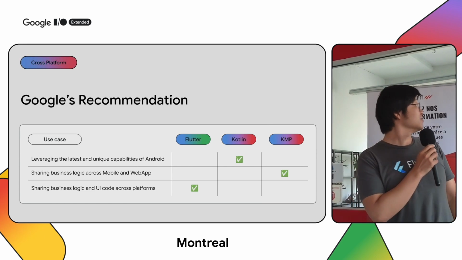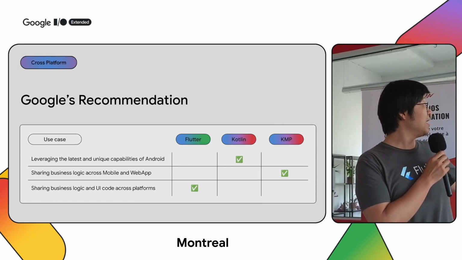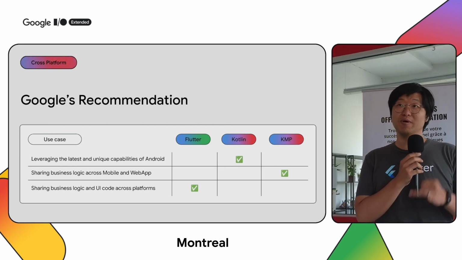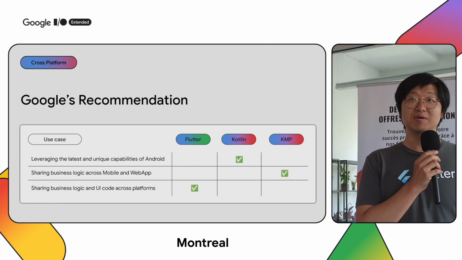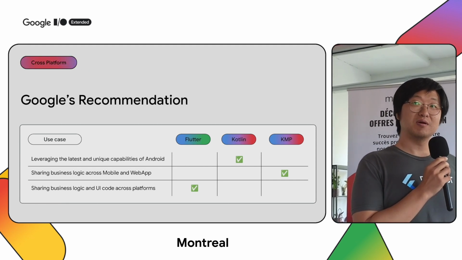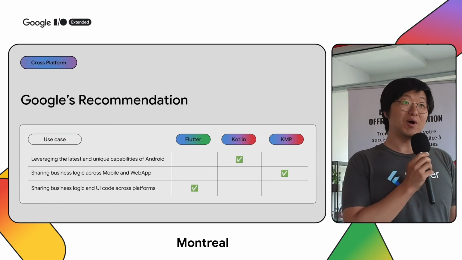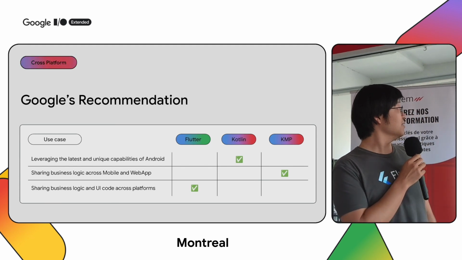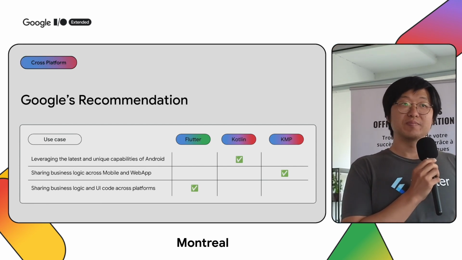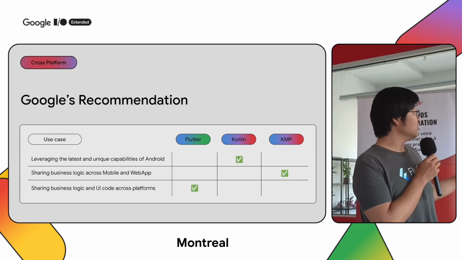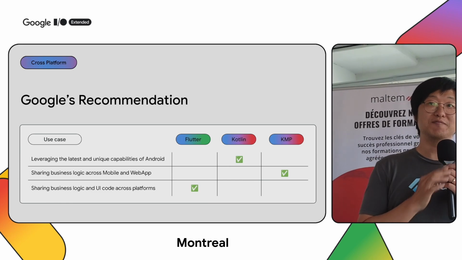But if you want to share the business logic code across platforms, like iOS, Android, and your web application, then maybe you can try Kotlin Multiplatform, because now Google officially supports it. But if you want to share UI code as well, besides the business logic, then Flutter is still the thing. So if you want to share business logic and UI code across platforms, then try Flutter. That's basically the official statement.